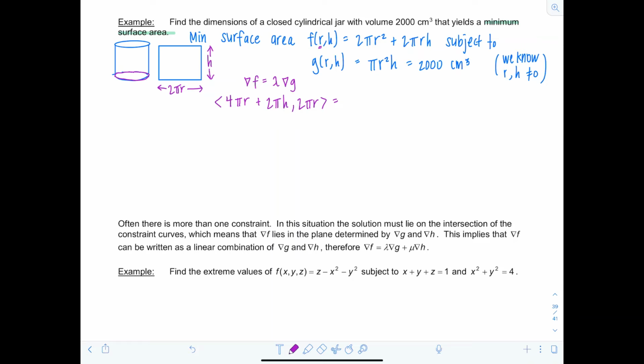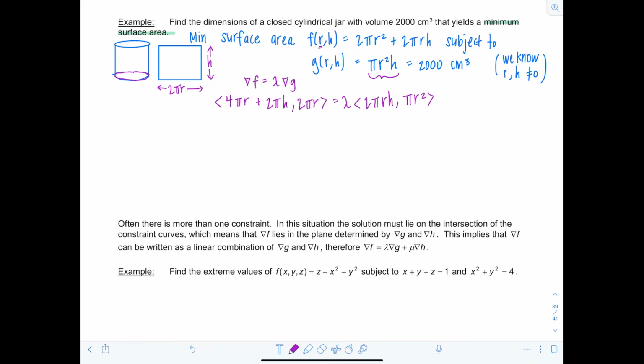And then this is going to equal lambda times the gradient of g. The 2000 doesn't matter, right? If I subtracted it over and then took those partial derivatives, the derivative of 2000 is just going to be 0, so don't lose any sleep about it. Okay, so pi r squared h, if I take the partial derivative with respect to r, I'm going to get 2 pi r h. And then taking the partial derivative with respect to h, I'll just get pi r squared.